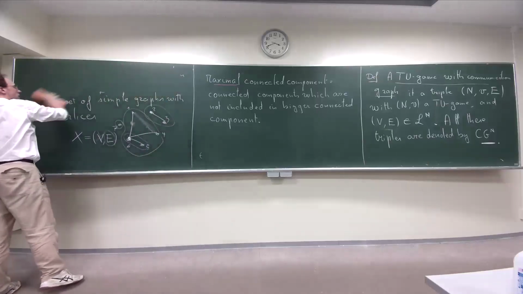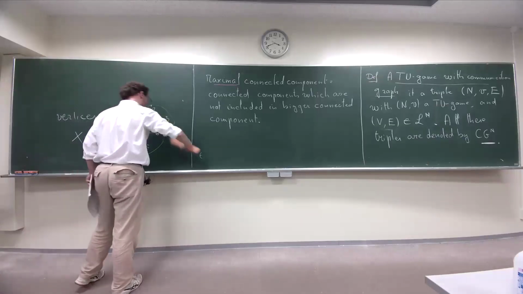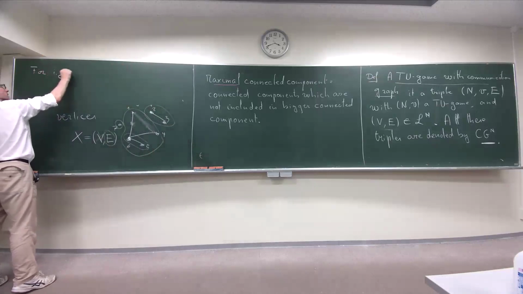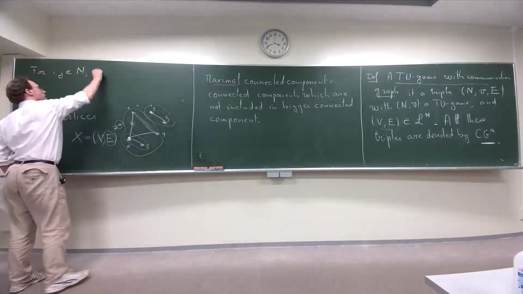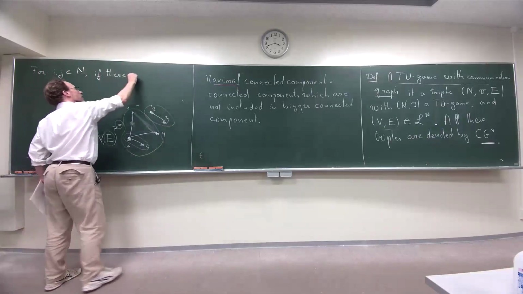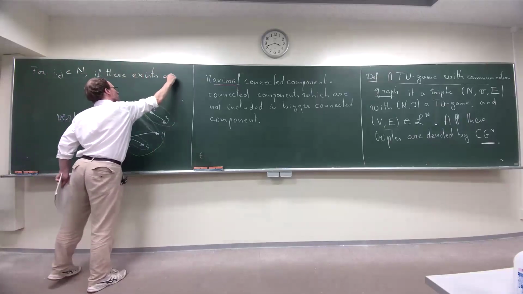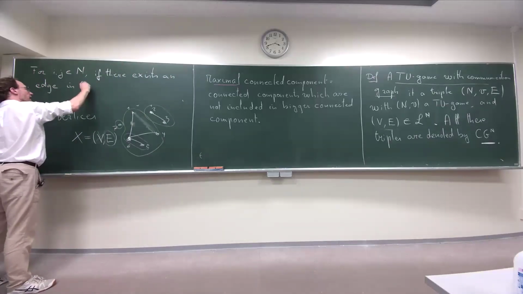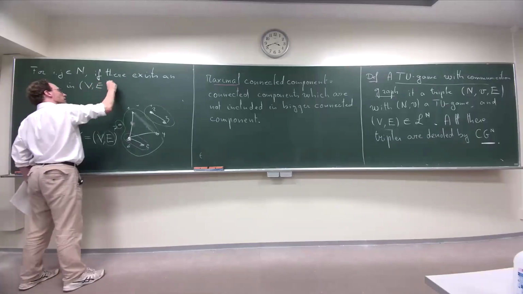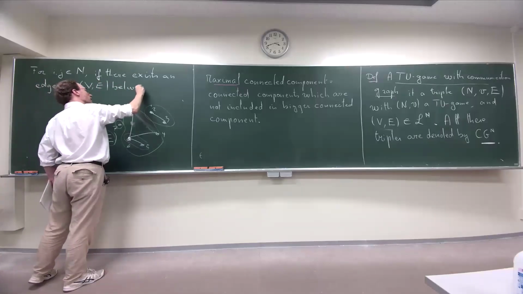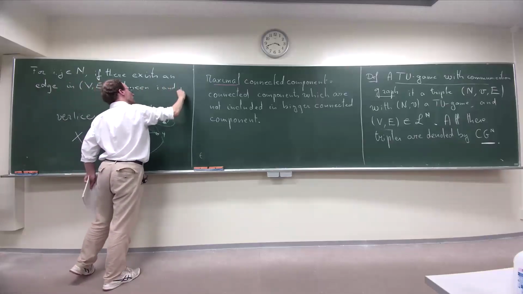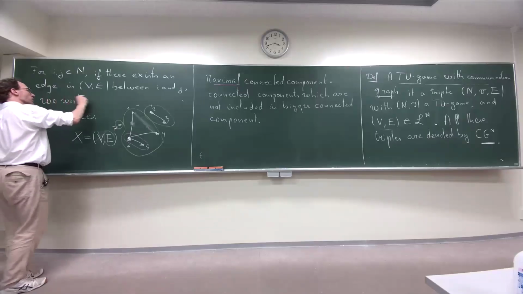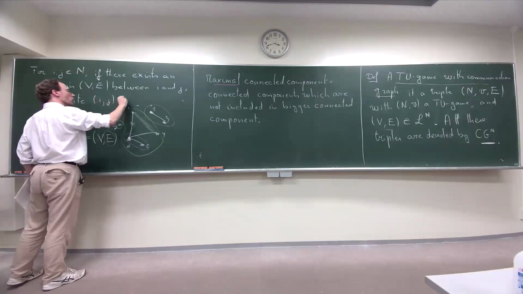And just for the notation of an edge, for i and j, two players, if there exists an edge in the graph between i and j, an edge is denoted by either ij or ji.